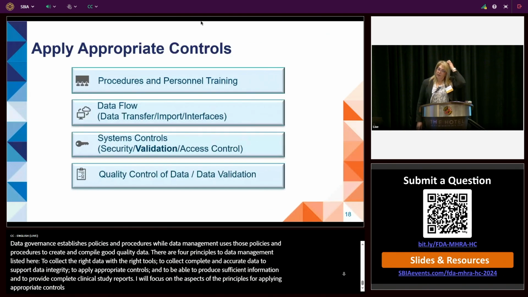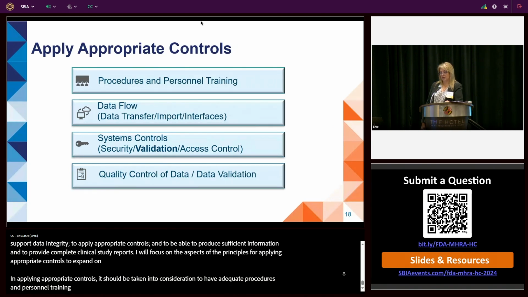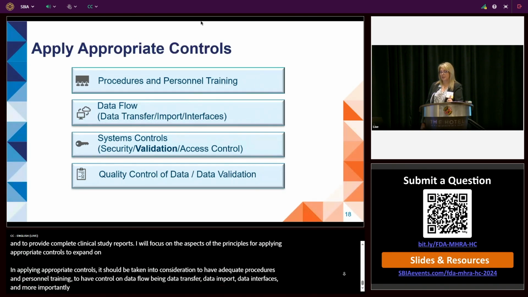In applying appropriate controls, it should be taken into consideration to have adequate procedures and personnel training, to have control on data flow, being data transfer, data import, data interfaces, and more importantly, to have system controls. As part of the system controls, it's security of the system, it's access control, it's validation.